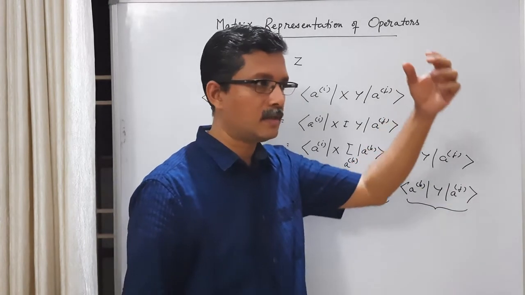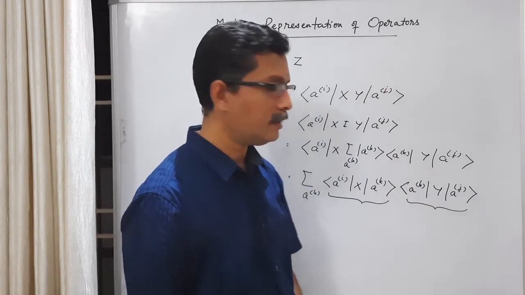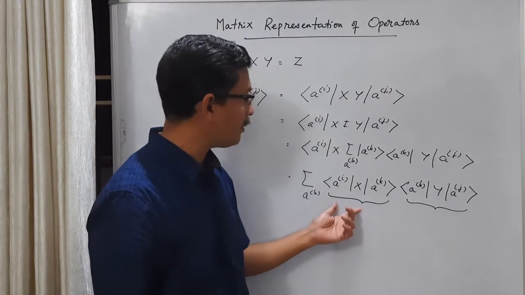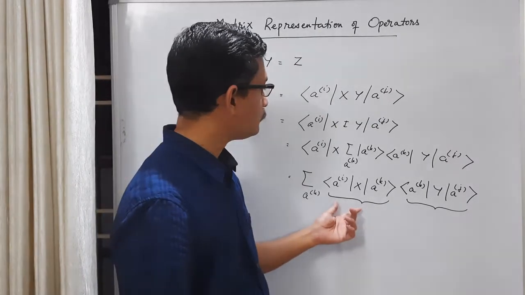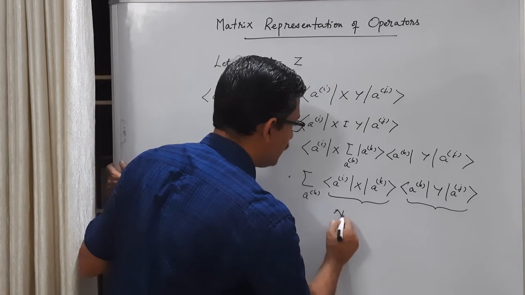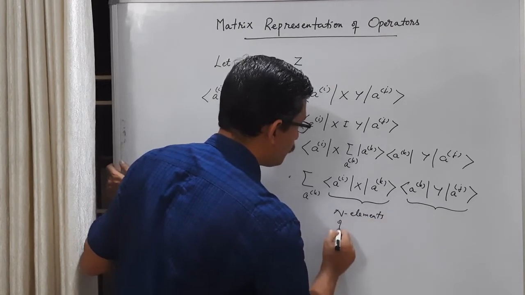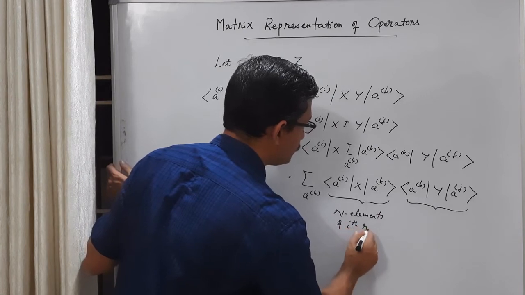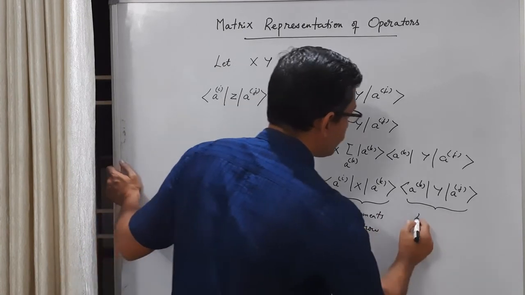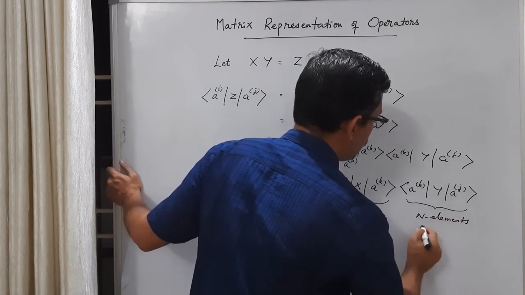So we are considering all the elements in the jth column. So this matrix element represents n elements of the ith row and here we have n elements of the jth column.